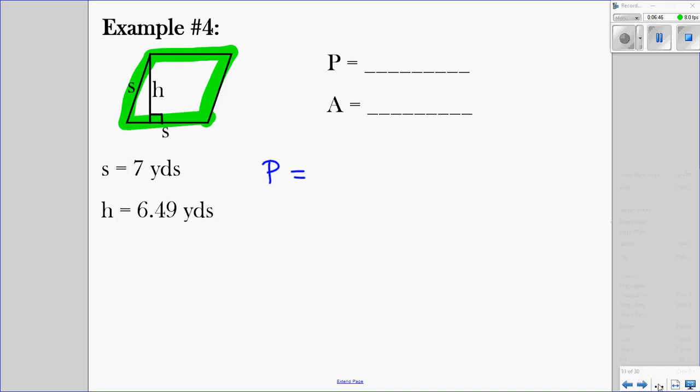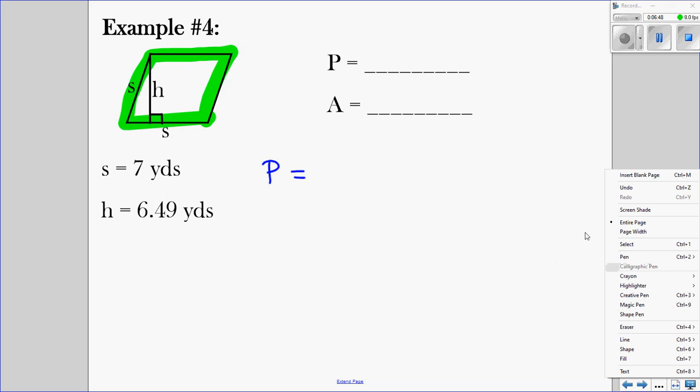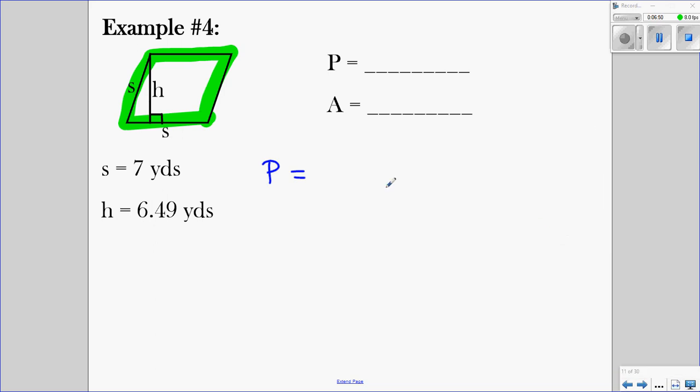I know I'm going to see that, and I don't want to see that. So P equals, and since all the sides are the same, I'm just going to multiply it by 4. Why waste my time adding 7 four times when I can multiply it? So it'll be 28 yards.